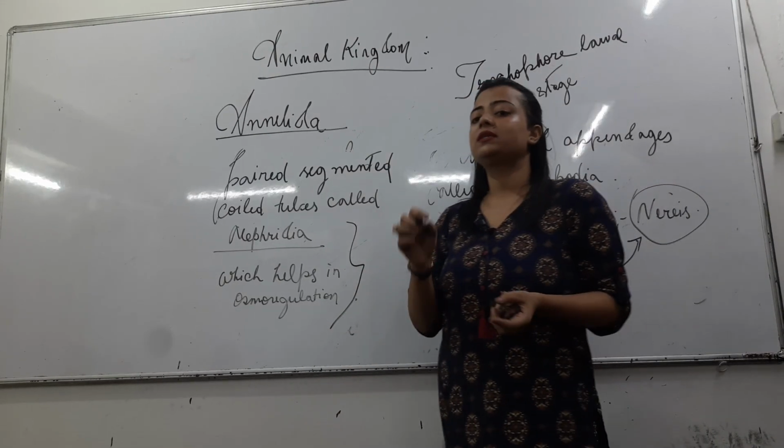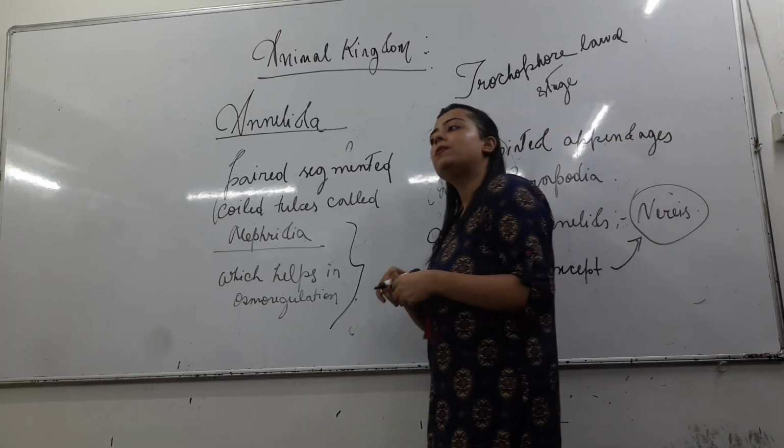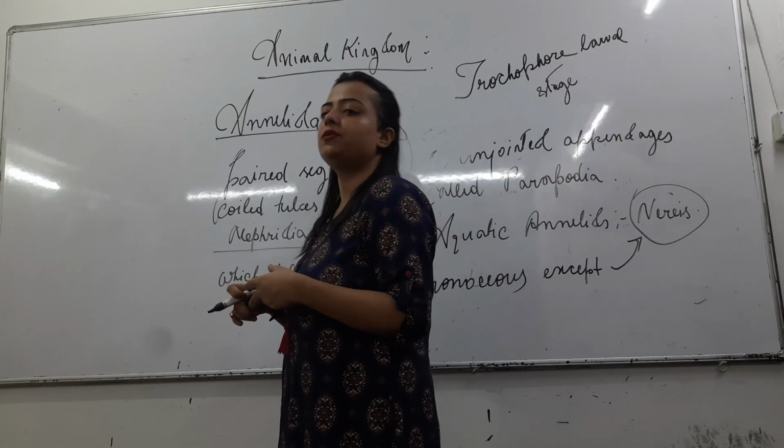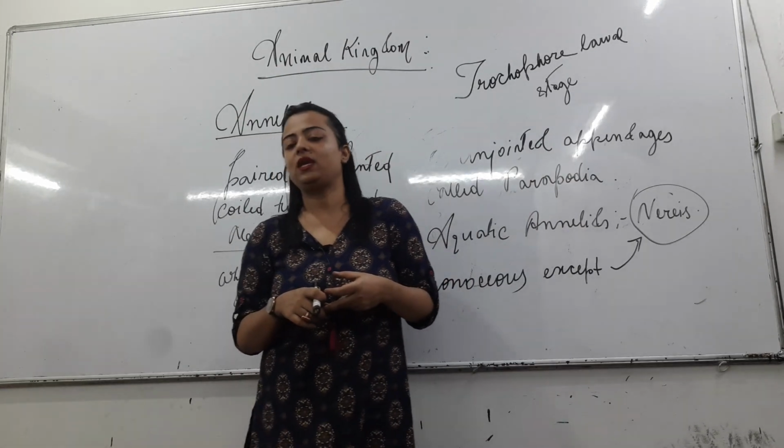Now put a star mark on this, very important. All annelids have a closed circulatory system except the blood sucking leech. Write it down.